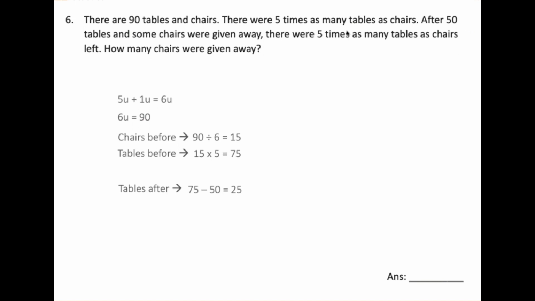So this has to be 5 units. And if I divide by 5, I get the chairs because chair is 1 unit. So 25 divided by 5 is 5. So this 5 will be the chairs in the end.